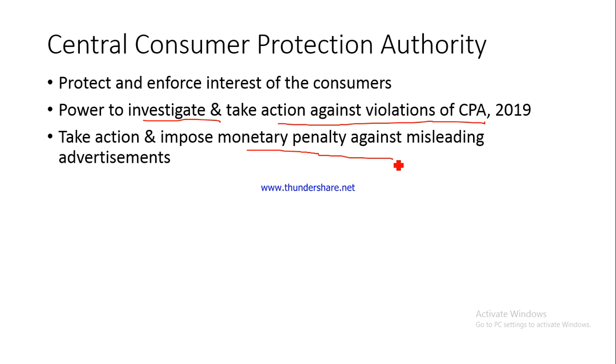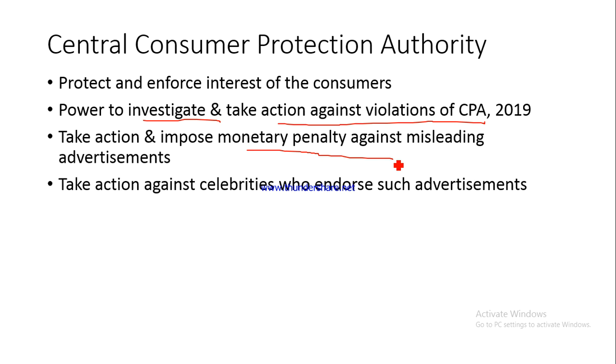If a particular firm has come up with a misleading advertisement, for example, then they can take suo motu actions. They can take actions on their own. They can take cognizance on their own. There is no need for a complaint to be lodged in front of the authority. They can take cognizance on their own.